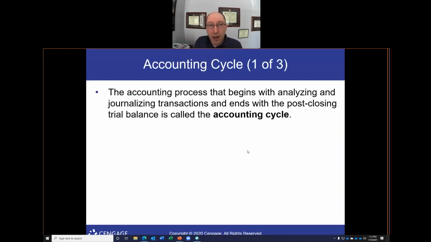Okay, so now, once you've done the post-closing trial balance, you've gone through the accounting cycle. The accounting cycle begins with making journal entries and ends with the post-closing trial balance. Think of it as a list of steps that you complete at the end of each month.